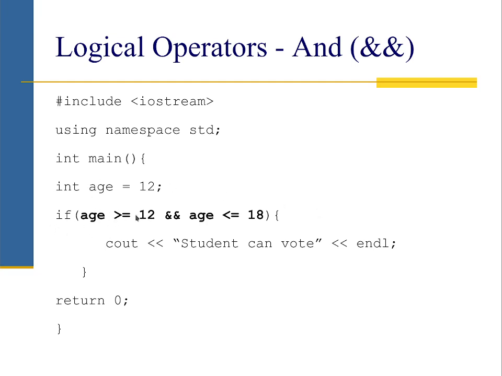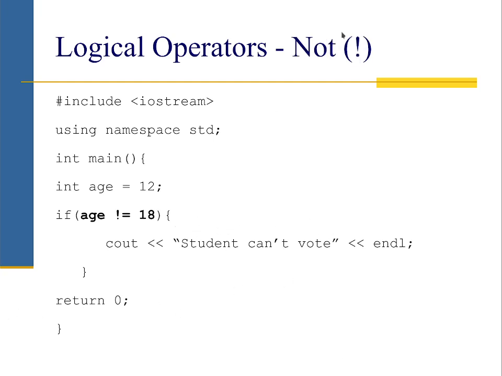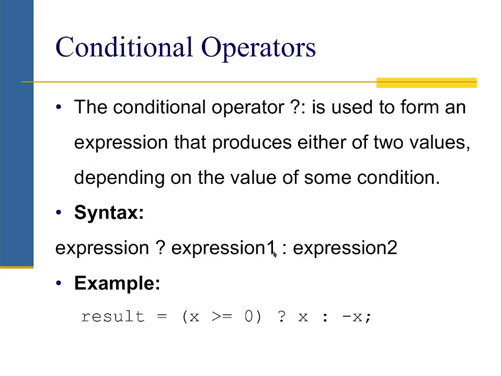If age is greater than or equal to 12 and age is greater than or equal to 18, students can vote. And this is the or logical operator. So if age is equal to 18, or the age is greater than 18, then the student can vote. And then the not. If the age is not equal to 18, then the student can't vote.